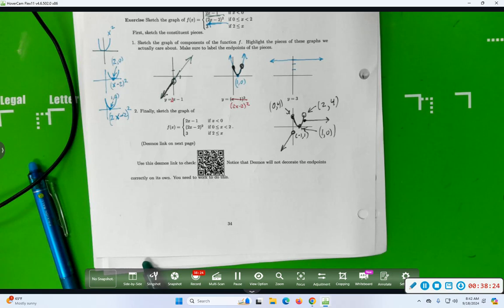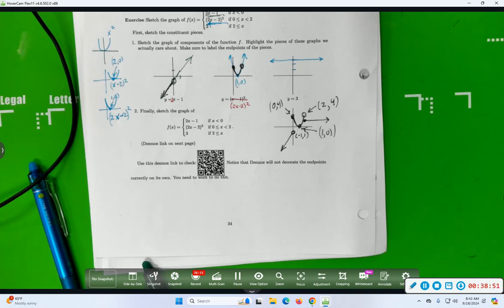And Desmos is totally capable of graphing piecewise functions. The notation to get it to do it is a little bit ugly. But if you like that QR code, or if you just type into Google Desmos piecewise function, you'll find some demos. Use that to help you check some answers. Cool. Feel pretty good about graphing?